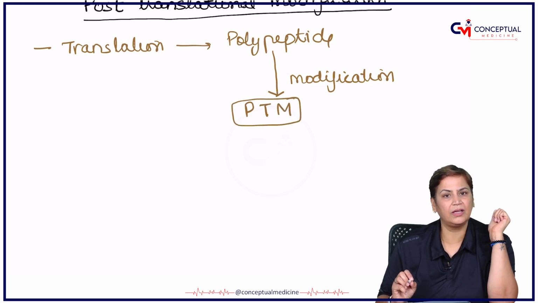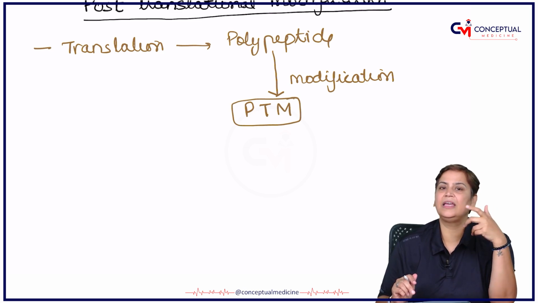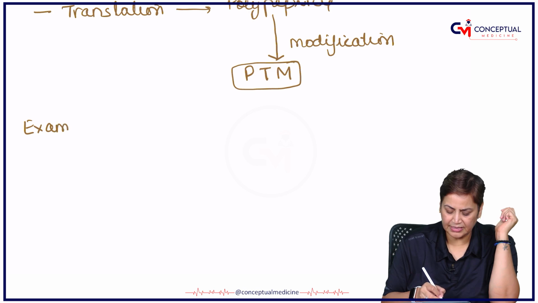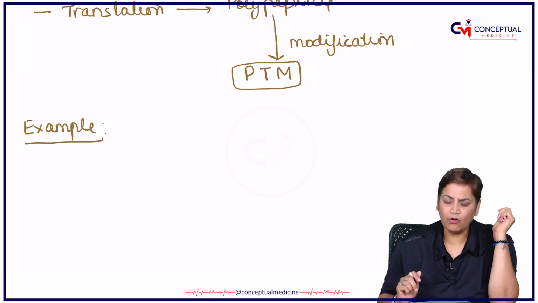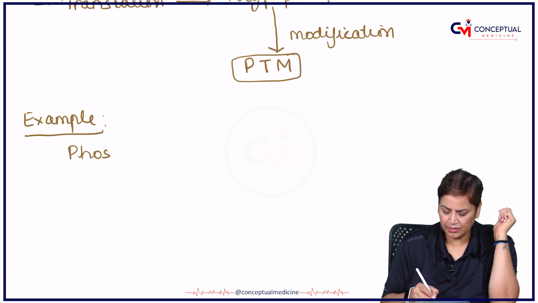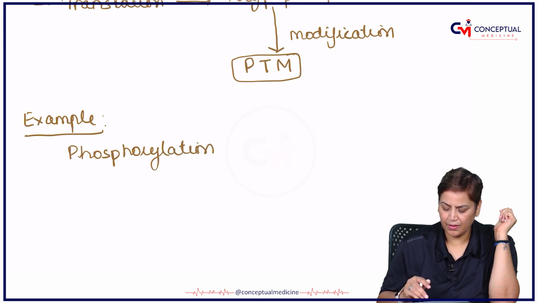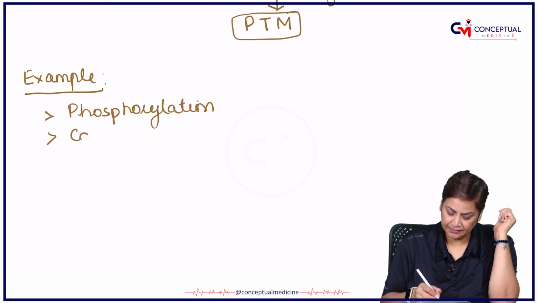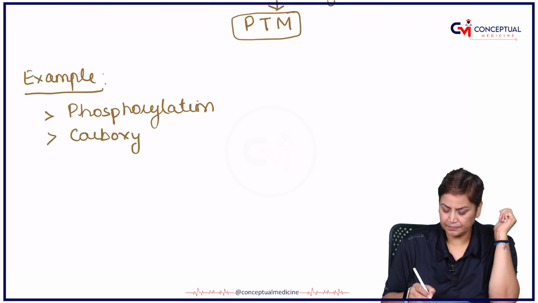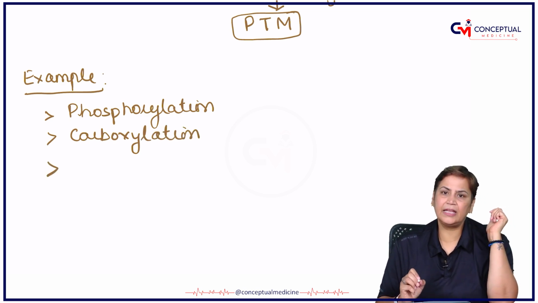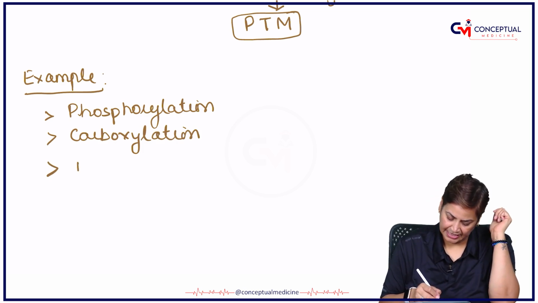Very, very important. And if we talk about the examples of post-translational modification, the most important example is phosphorylation. Second is carboxylation. Third is methylation.